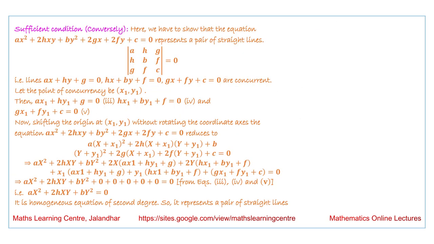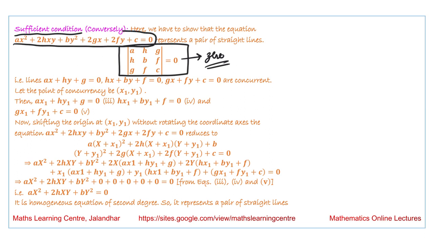Now next we are going to prove that this condition is sufficient. To prove that this condition is sufficient, we assume that this determinant is equal to 0, and we have to prove that this equation of second degree will represent a pair of straight lines.